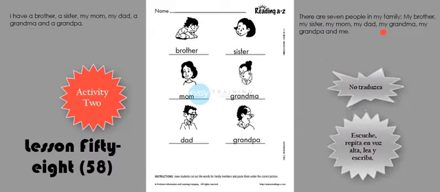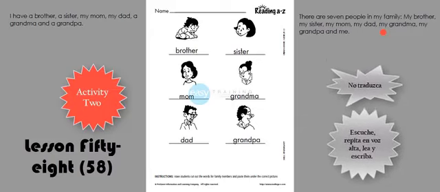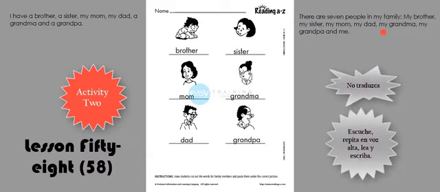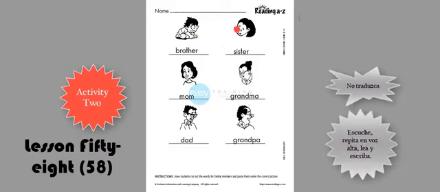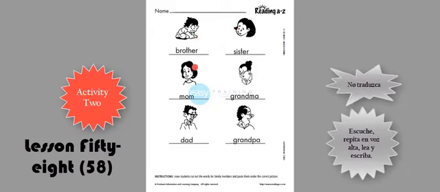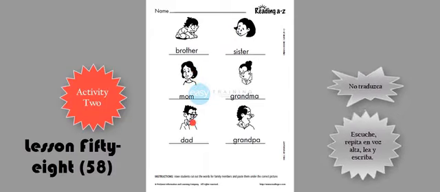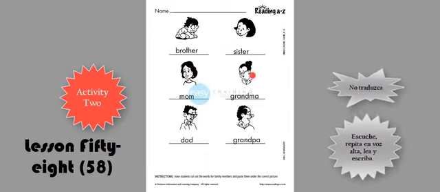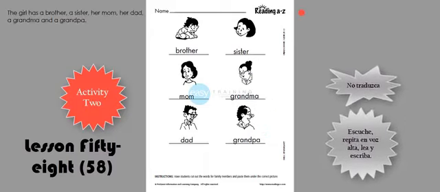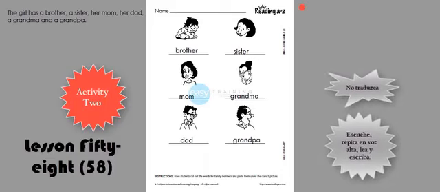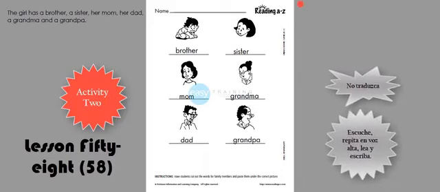Ahora yo voy a describir la familia de esta niña. The girl has a brother, a sister, her mom, her dad, a grandma, and a grandpa. Let me write that. Ahora voy a decir cuántas personas hay o quiénes hay in her family.